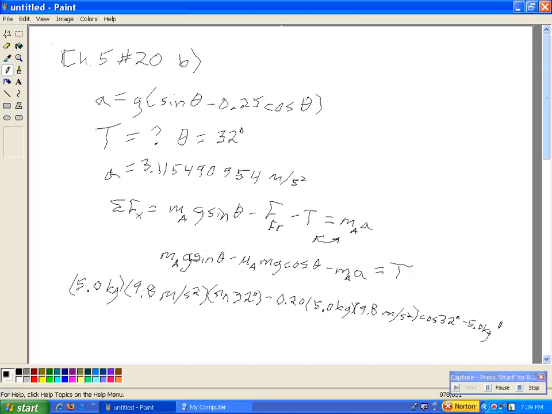And actually that whole long acceleration, you need to put that whole thing in. I don't have room, so I'm just going to put 3.1 meters per second squared.